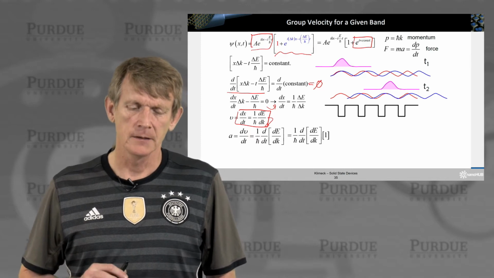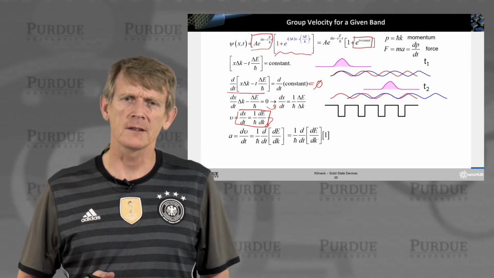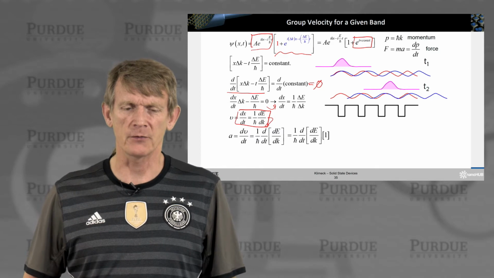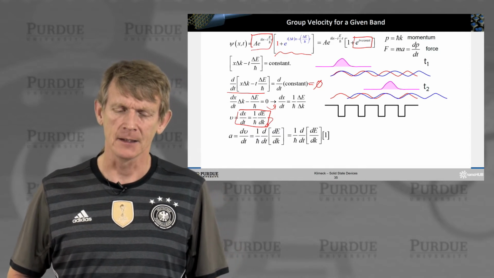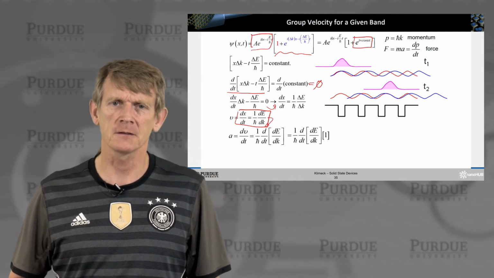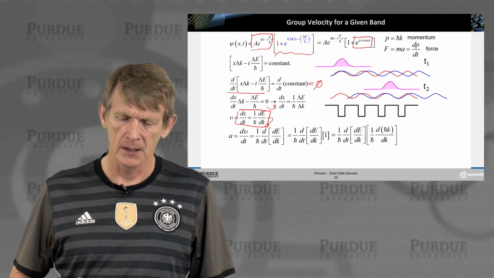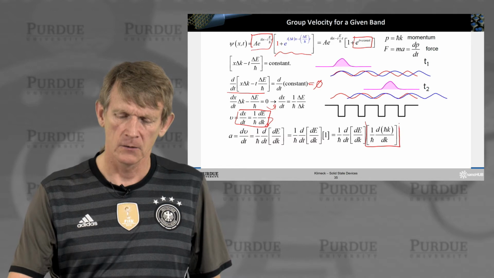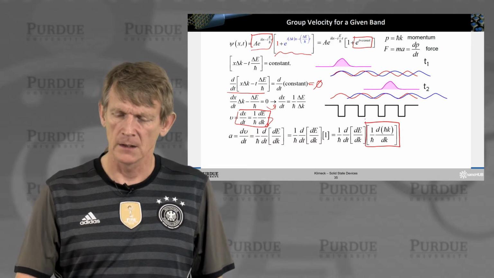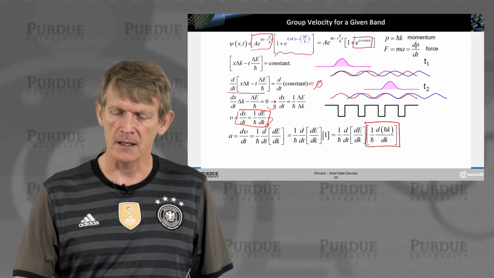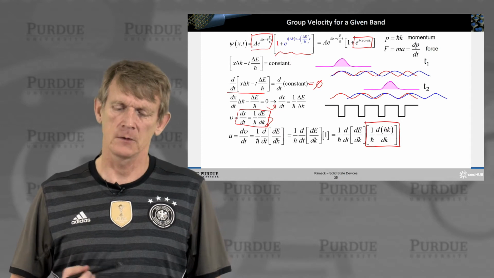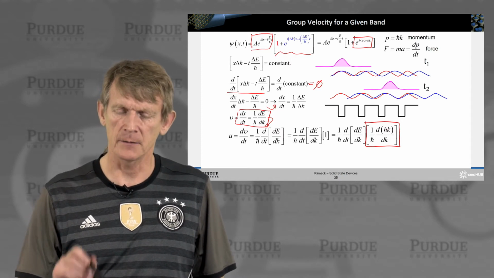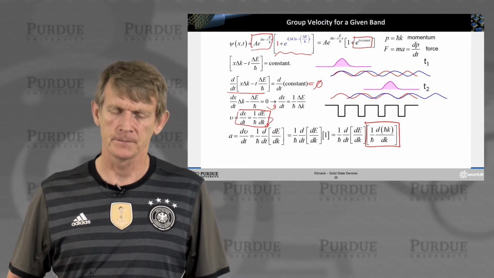Now, here's a well-known trick that if you do a trick multiple times, it becomes a method. Let's introduce a coefficient 1 into the system, and that coefficient 1 is this here. We're going to take the differential versus k of h bar k, which is h bar, divide by h bar, and that is 1.